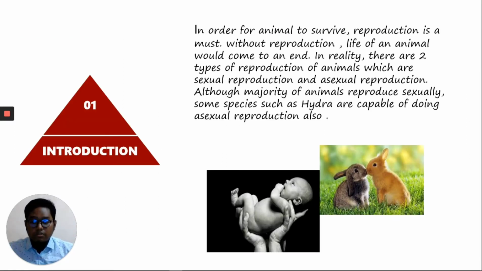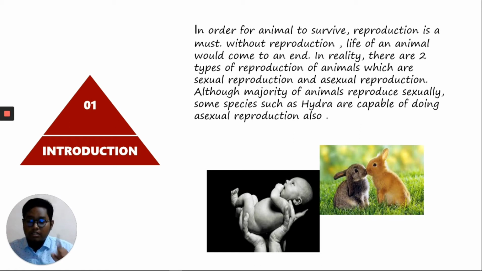So moving on to the first part of the presentation. In general, all living things must reproduce in order to survive in this world. Without reproduction, they will face extinction. In general, there are two types of animal reproduction.